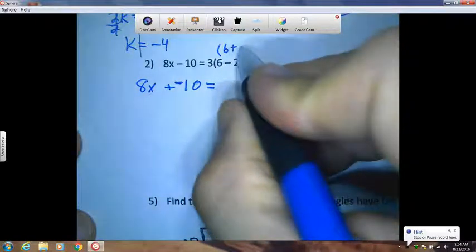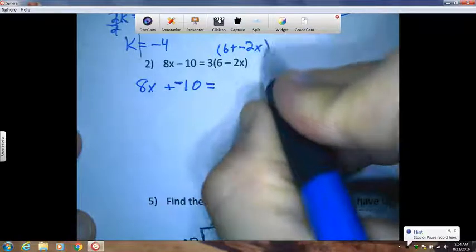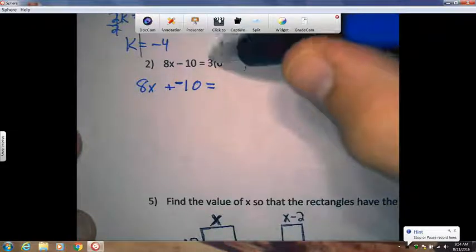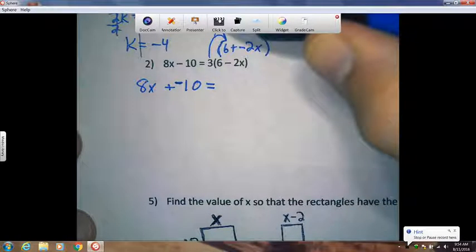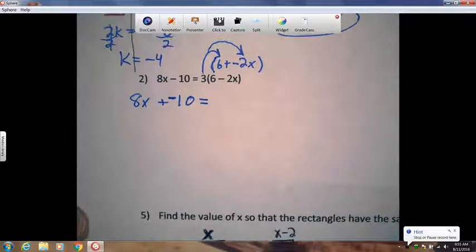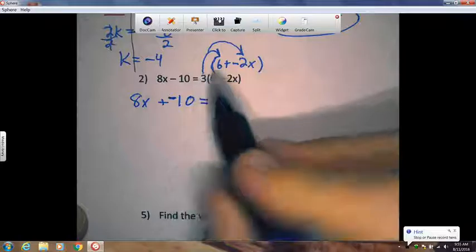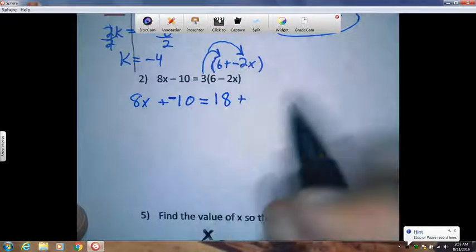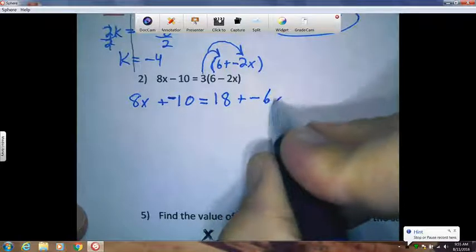Plus negative 2x. So I'm using addition of the opposite. Distributive property means I distribute what's outside the parentheses to both of what's inside. So 3 times 6 is 18. 3 times negative 2x is negative 6x.